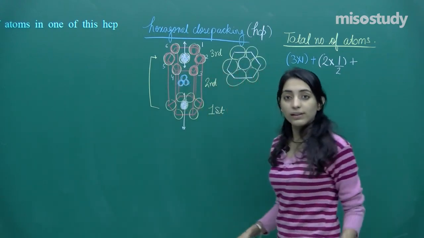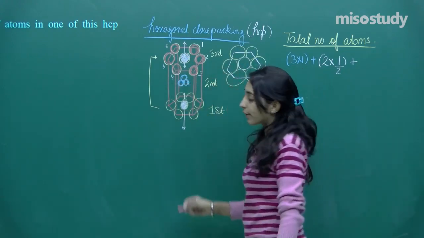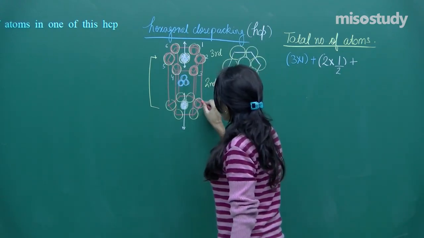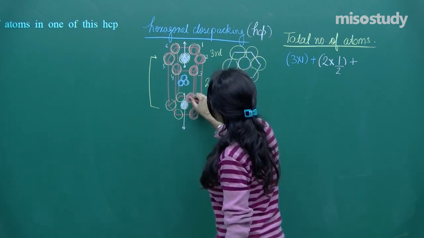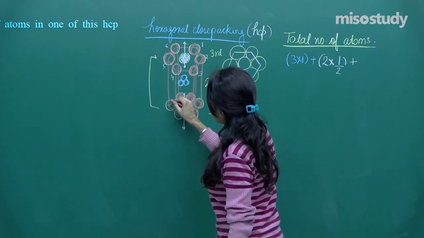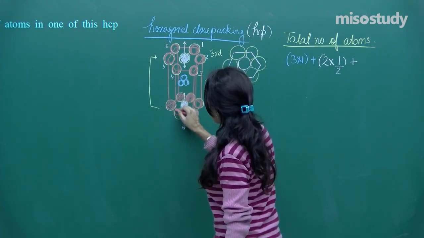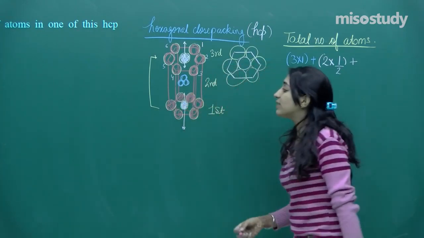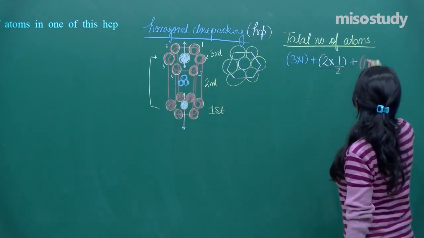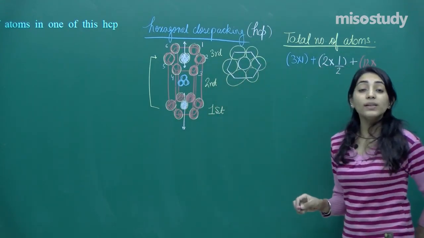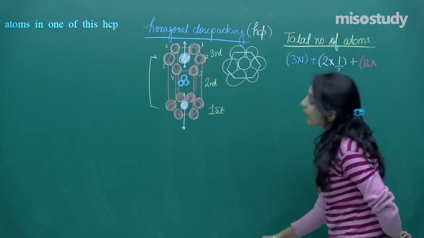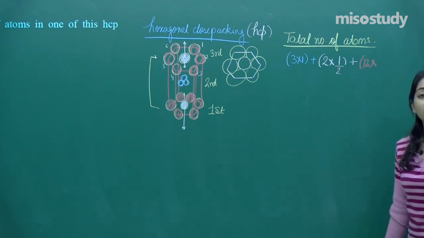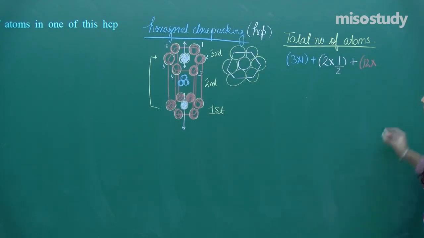This is the 6th one. 6 atoms in the top layer. 7th, 8th, 9th, 10th, 11th, 12th. That means there are 12 such pink atoms. What is the contribution of each pink atom in the hexagonal close packing? This is what we need to find out.